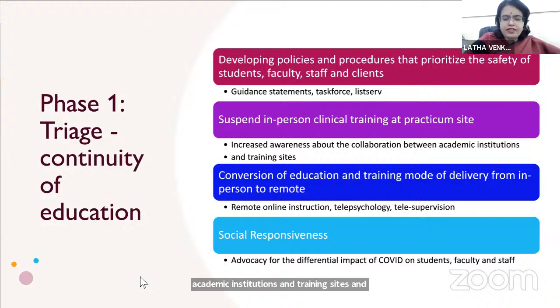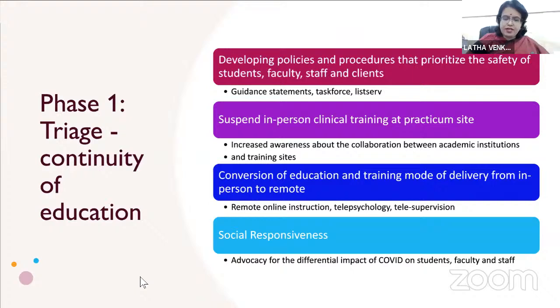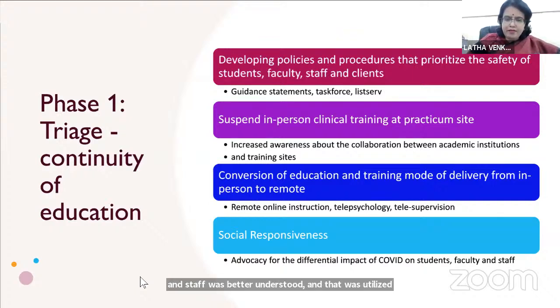And conversion of education and training mode of delivery from in-person to remote online instruction, telepsychology, telesupervision, all were practiced. And social responsiveness, advocacy for the differential impact of COVID on students, faculty, and staff was better understood, and that was utilized to develop the policies and procedures, keeping in mind the welfare and continuity of learning of every segment of nurses.